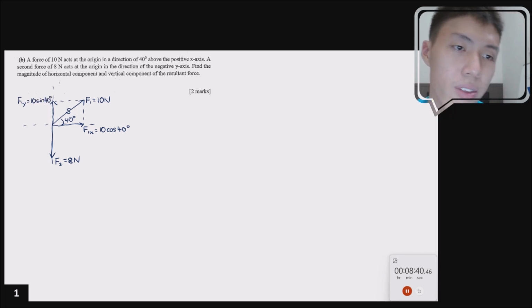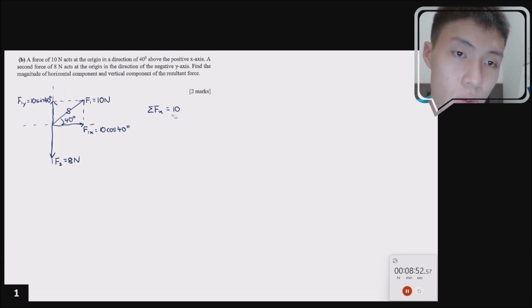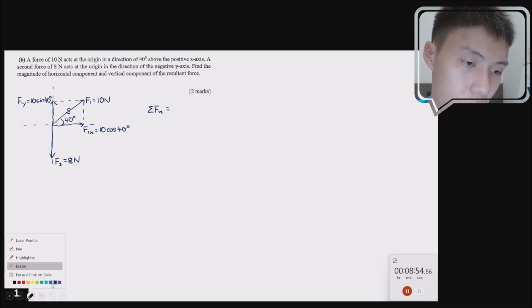Okay, once you're done with that, now we just sum up everything in the x component, and everything in the y component. For the x component, there's only one force, which is F1 cos 40. If you prefer to write it slowly, we can write it in greater detail as F1 cos 40 degrees. Then you can proceed with your substitution.